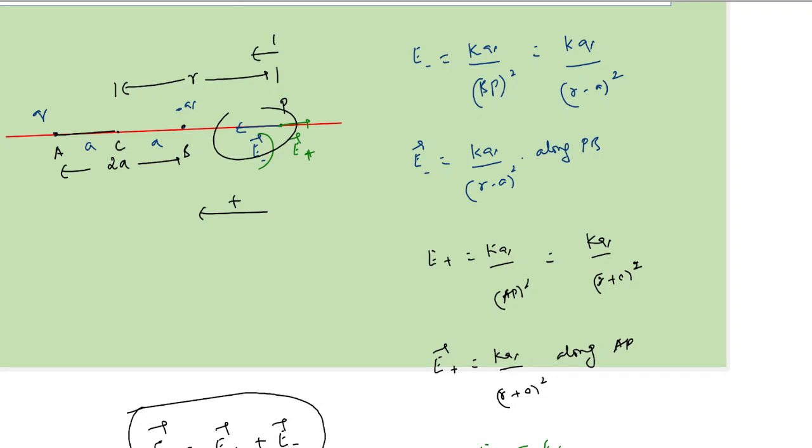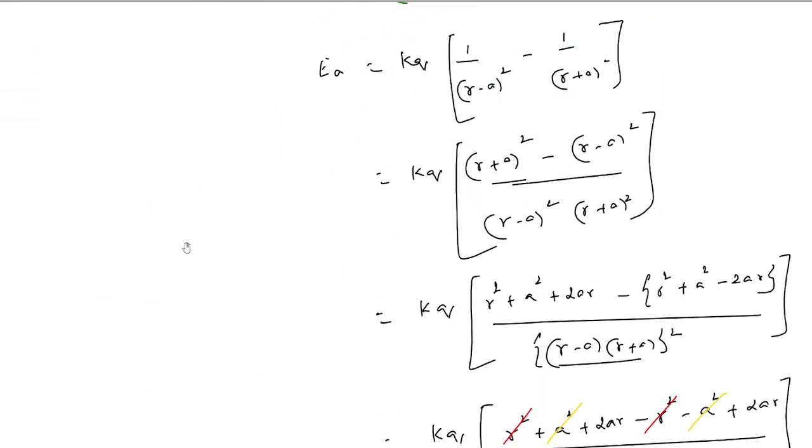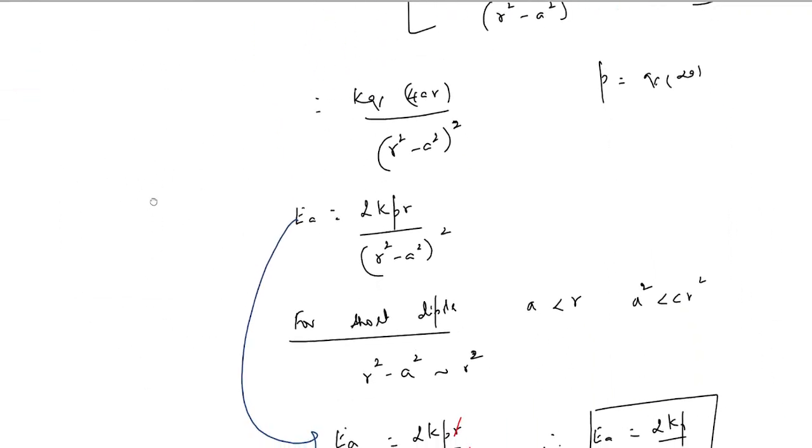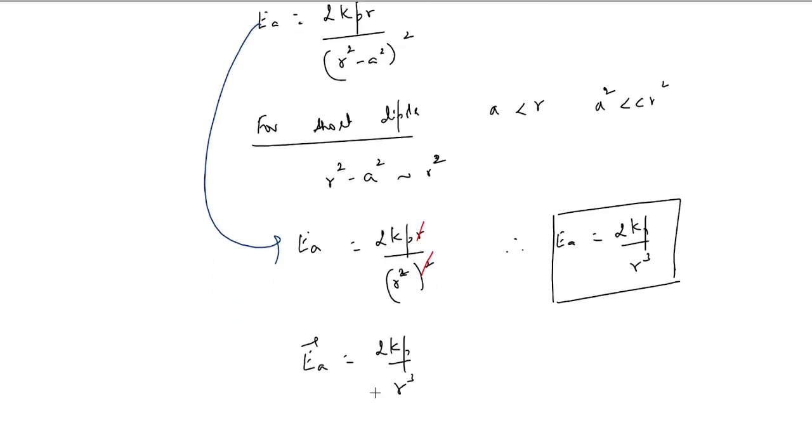So E_A would be in this direction. But remember that we define p cap to be from minus q to plus q, which means the net field is from negative to positive charge. So that becomes here vector form into p cap. So this is the required expression.